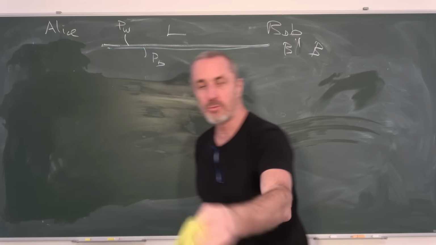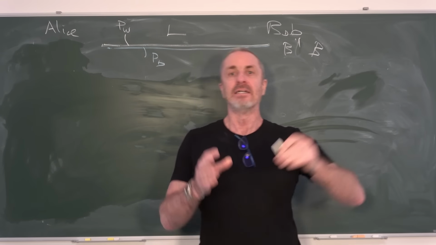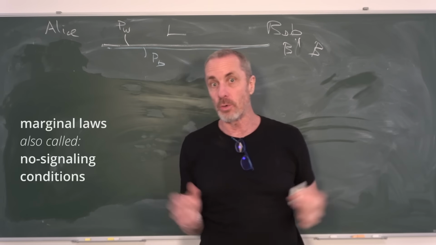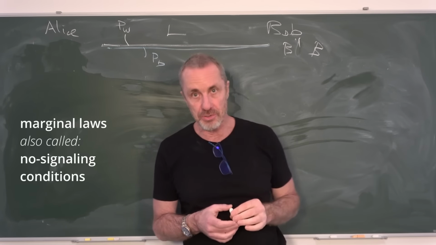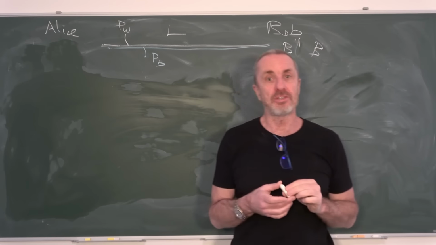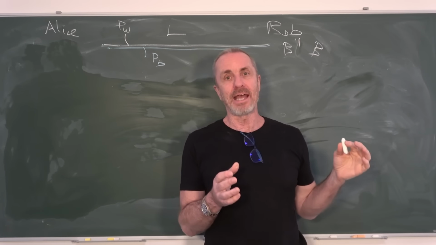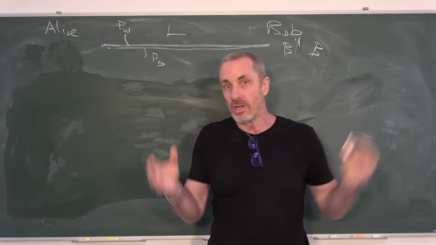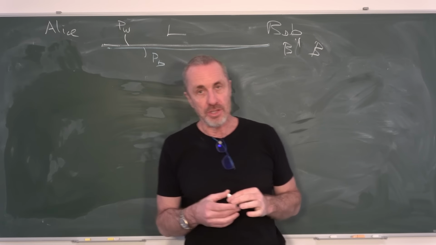Okay, so now I have to address the issue that the model does not obey the marginal laws, the so-called no-signaling conditions. And of course, this is a strong objection, because in quantum mechanics, we have an obedience to these marginal laws or no-signaling condition.